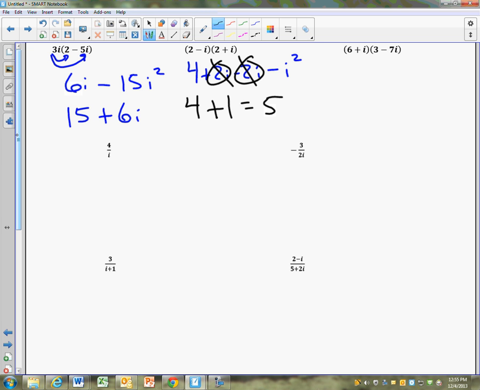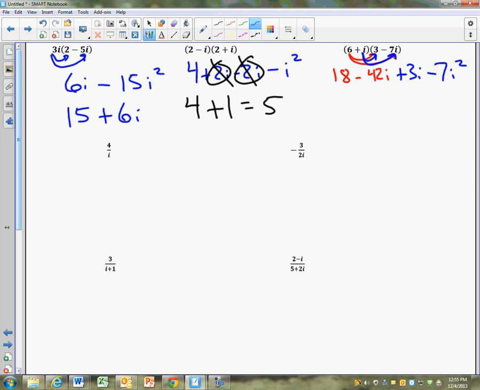Okay. 6 plus I, 3 minus 7i. Let's do this one. We got to multiply everything through. 6 times 3, 18. 6 times negative 7i, negative 42i. I times 3, plus 3i, and I times negative 7i is negative 7i squared.